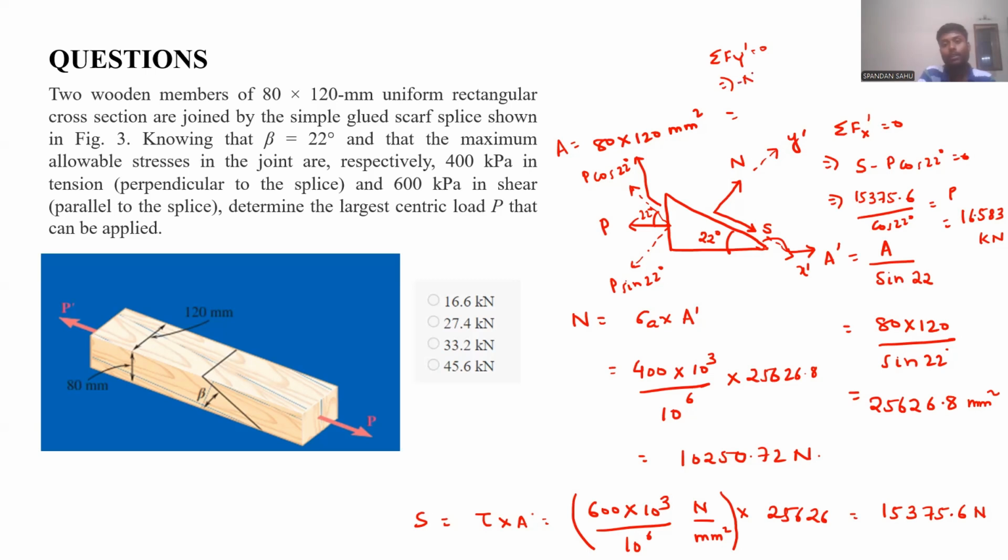Similarly, if you do summation of Fy equal to 0, you will get minus N plus P sin 22 degree equal to 0. So from here, another P you will get as 10,250 by sin 22.